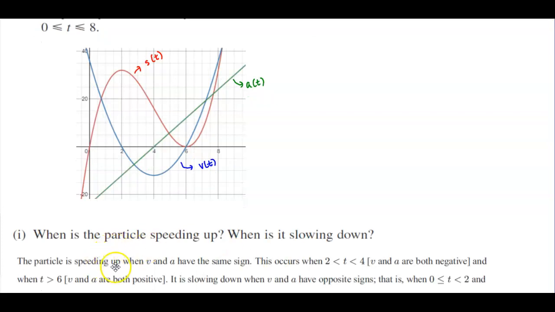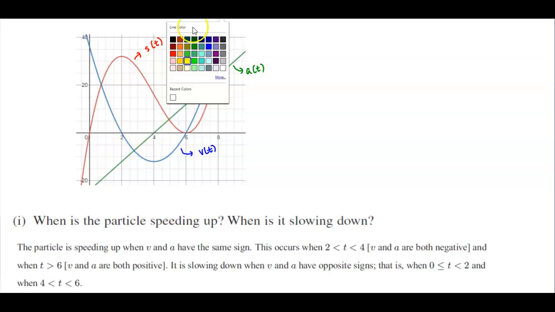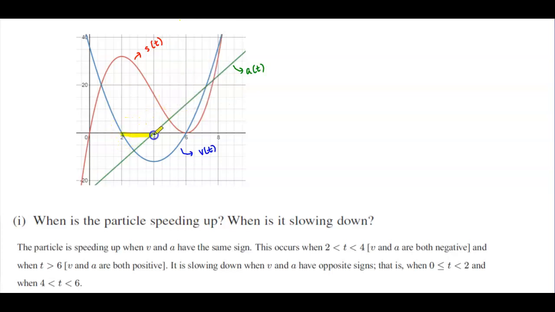Now, the particle is speeding up when the velocity and the acceleration have the same sign. So if you take a look at the interval between 2 and 4, let me go ahead and highlight that, we can see that here the velocity is negative, and we can see the acceleration is negative in that interval.